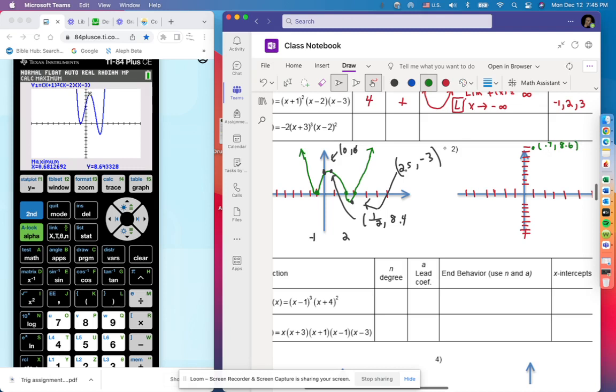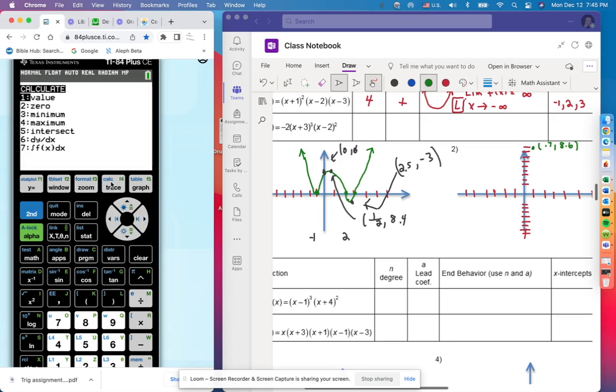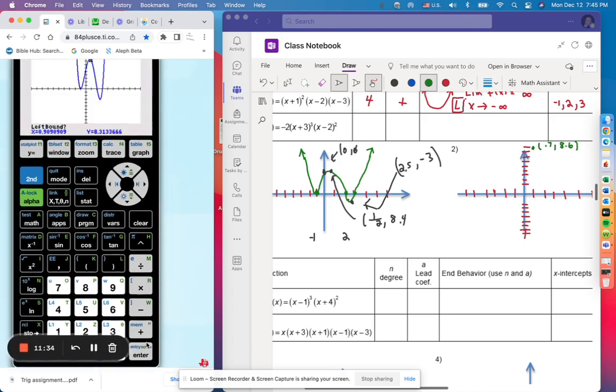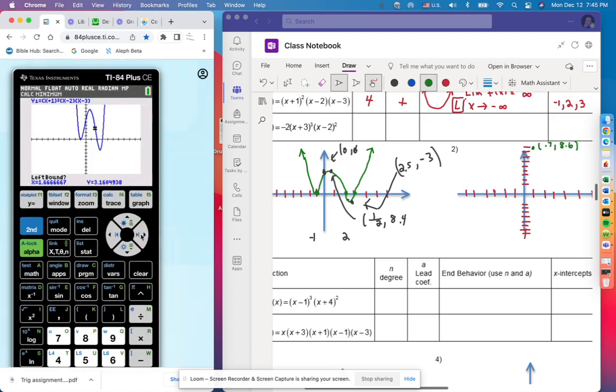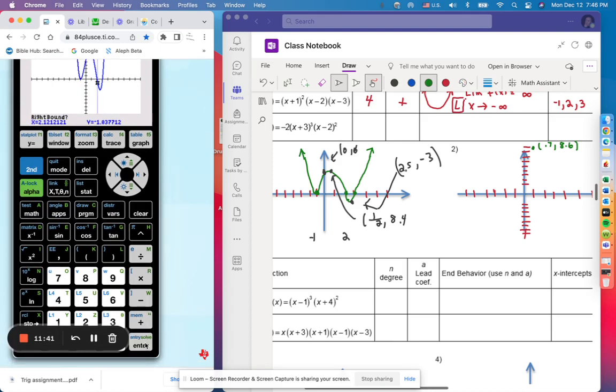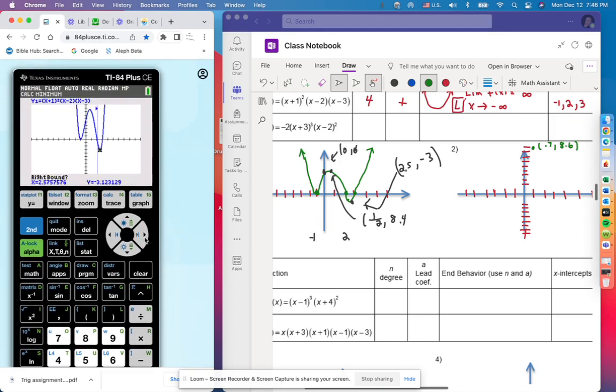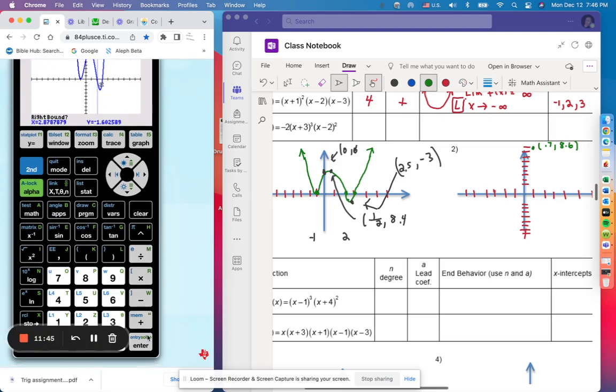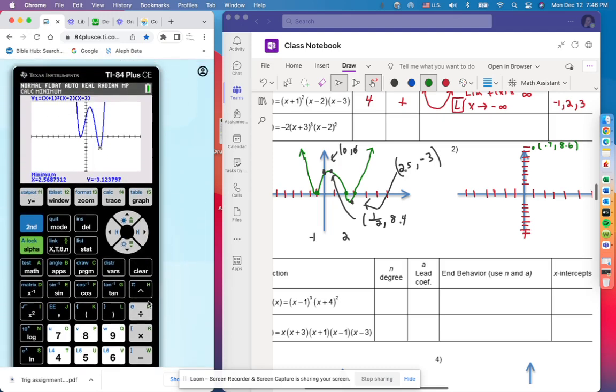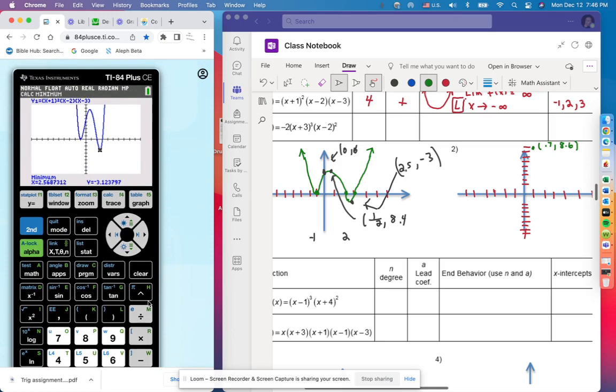And now I need to find the minimum. The way you find the minimum, we'll go second trace. I didn't do it right. Second trace. I need to go minimum here. Move my cursor over a little bit to the left of that minimum value. Hit enter. A little bit to the right of that minimum value. Hit enter twice. Voila. So my value is 2.6 comma negative 3.12.